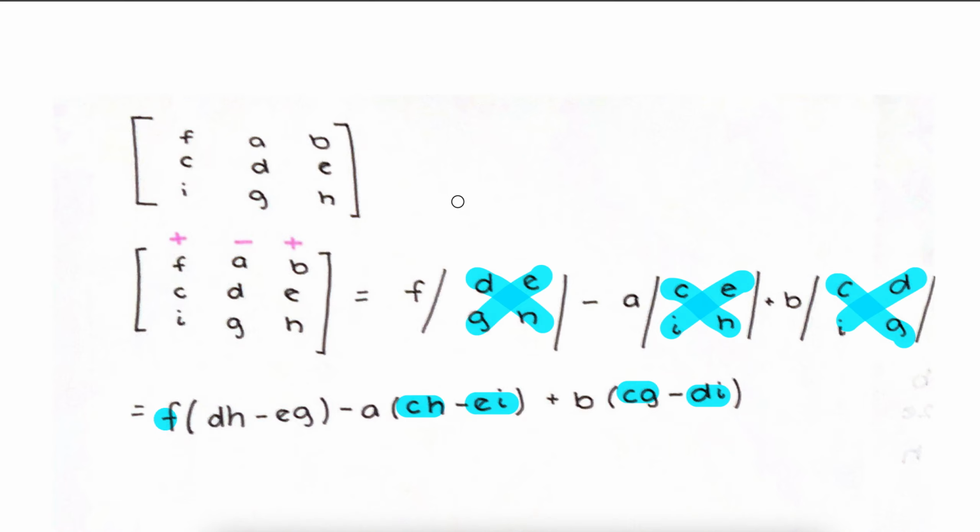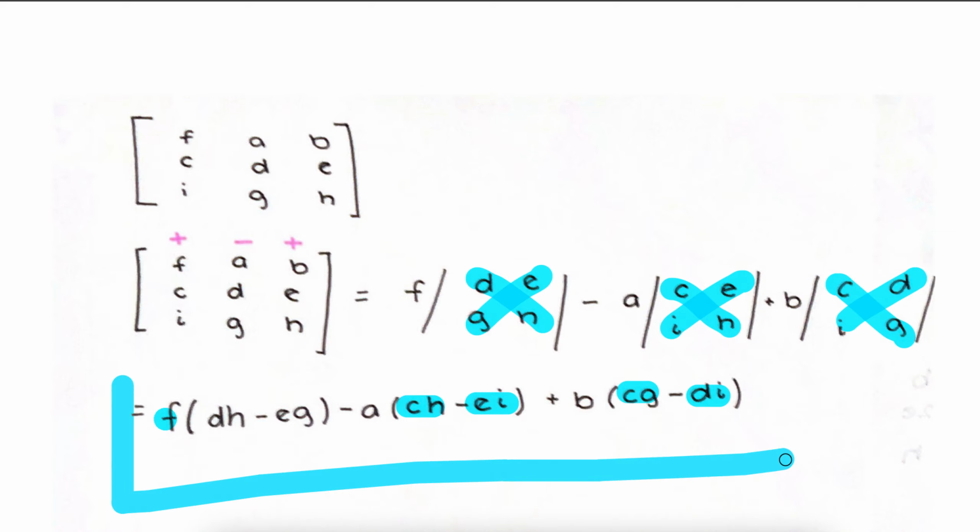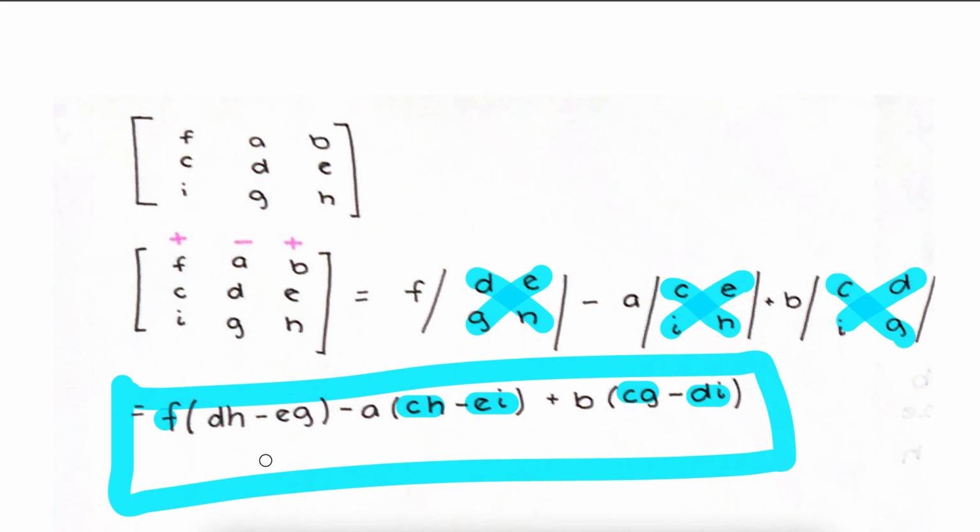And beyond that, there's not really much we can do to get it the same since the f and the c are swapped with each other. Beyond that, I don't think we're able to get it to the given equation. So I just went ahead and left it as this determinant here. And yeah, that's what I did for number 16.